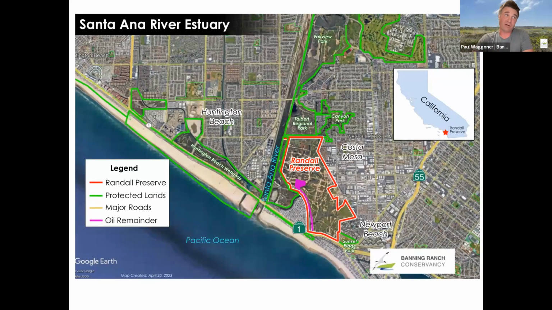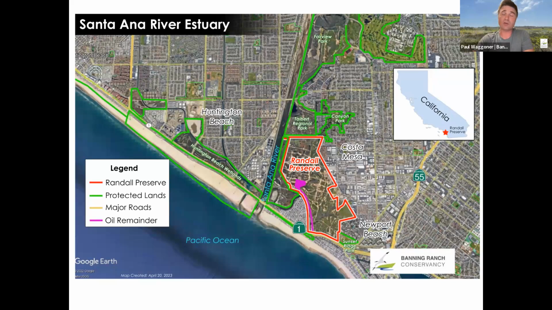Water for our work is very close to our hearts and very important to the work we do at the Banning Ranch Conservancy. You can see here a map of the Randall Preserve, the newly preserved land, used to be called Banning Ranch. And it's connected to all these other open lands along the Santa Ana River estuary.